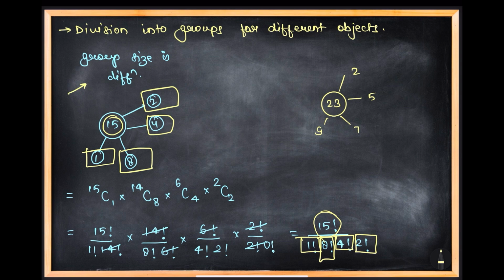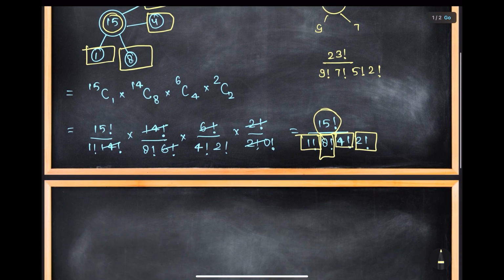You can also see that the group sizes are different. So directly you can answer, this can be done in 23 factorial by 9 factorial, 7 factorial, 5 factorial and 2 factorial ways. I hope the first idea is clear when group size is different.